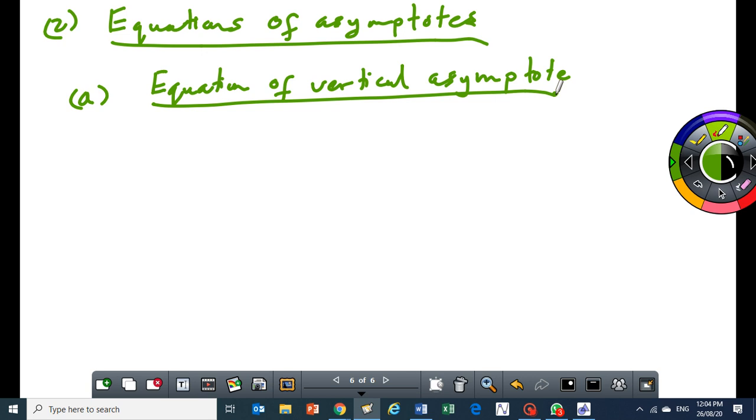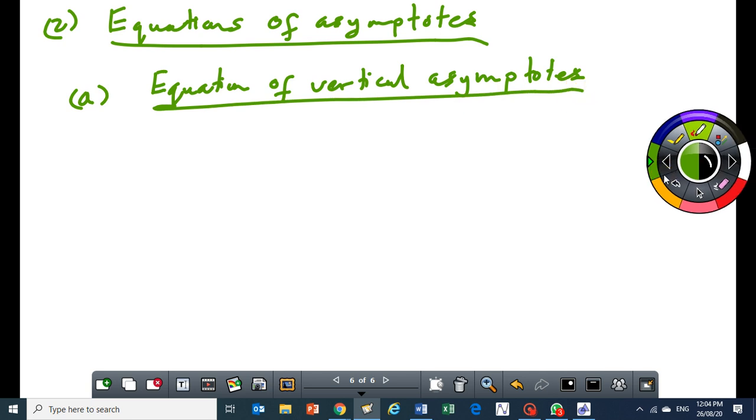Your vertical asymptote is the y-axis, but the y-axis has an equation. So the equation is always x equal to 0. Okay, let me use a different color just to emphasize it. Because this part here, some of you, I hope that you won't let me down from now on.